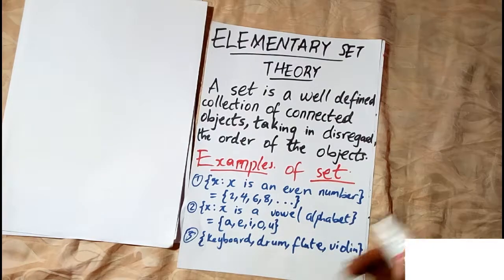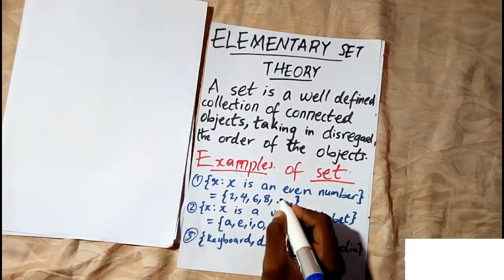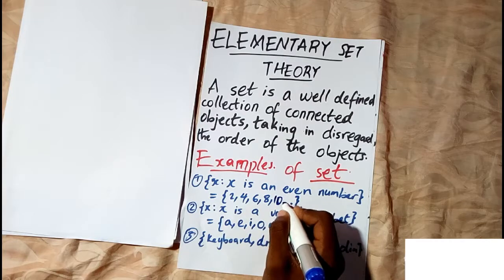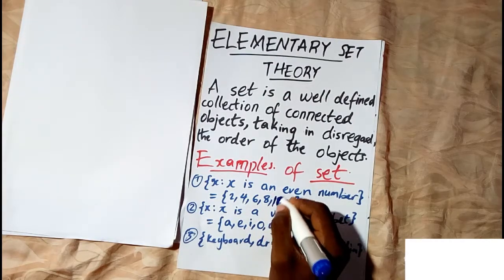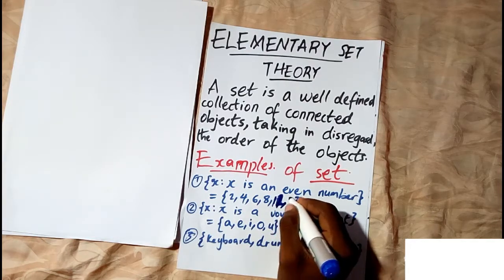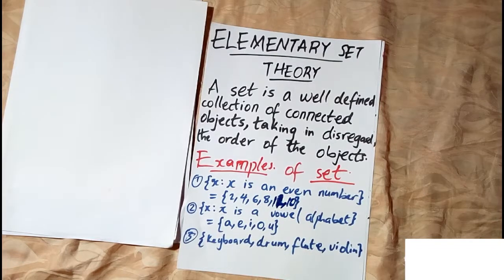So in our set of even numbers, we can say 10, comma, 12, comma, or you can say 12 then 10. We are not going to consider their arrangements. The arrangements are not in any way affecting the set.